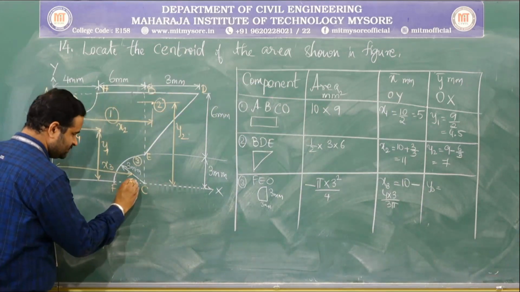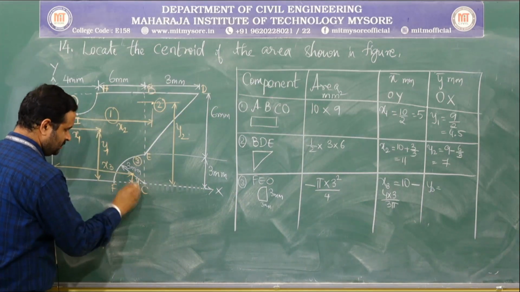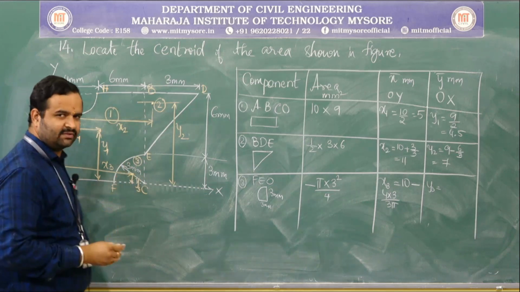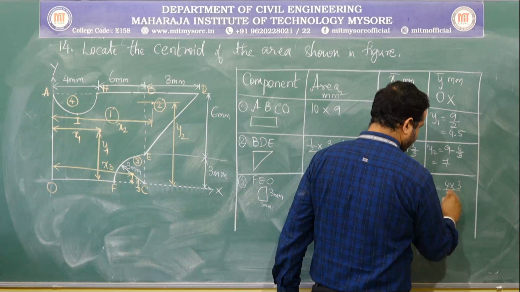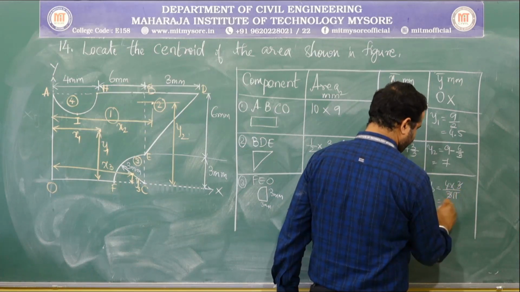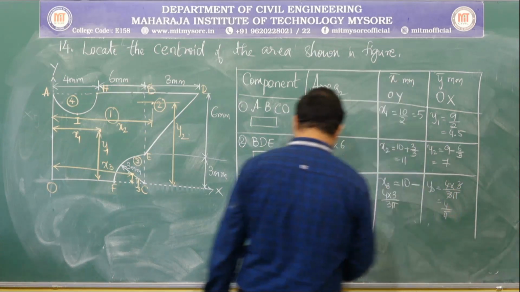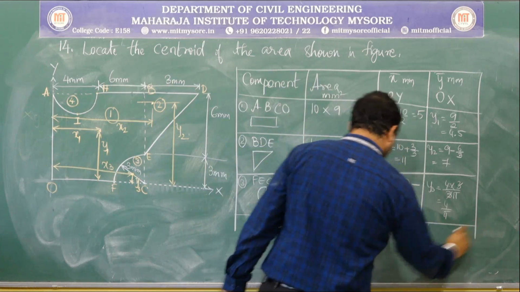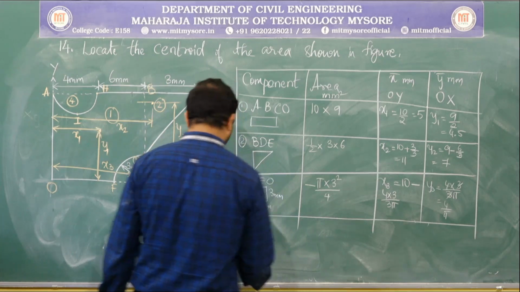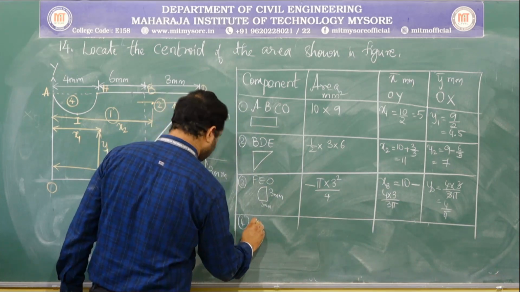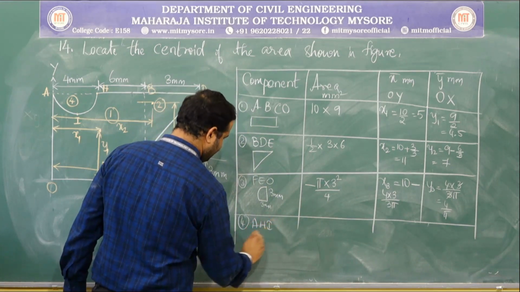Similarly, y3 should be measured with respect to this axis. This is y3, which is nothing but 4r by 3 pi. Last, component 4, which is a semicircle AHI.